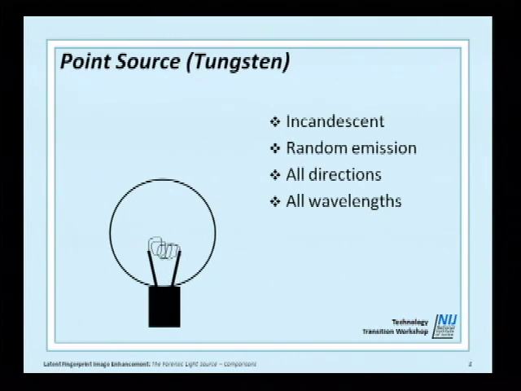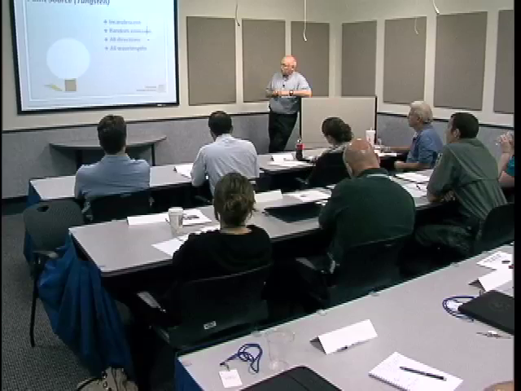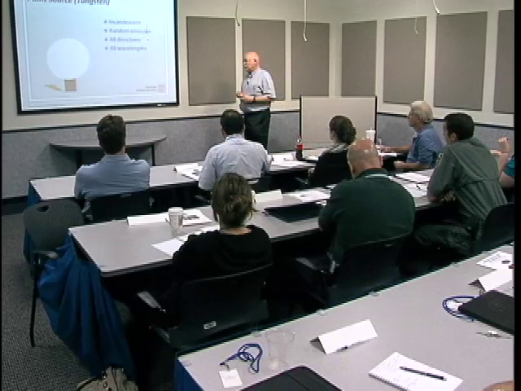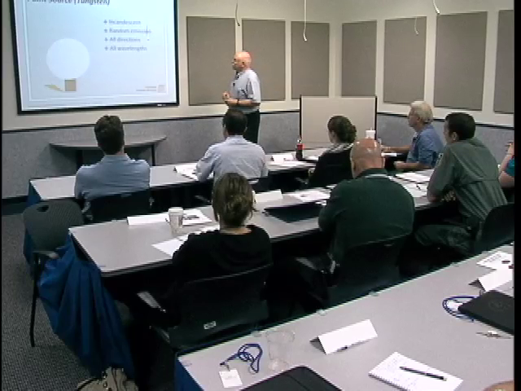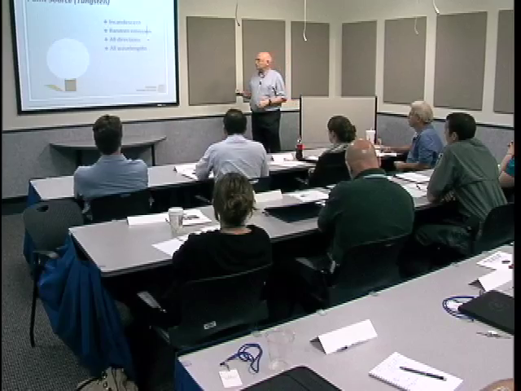That means you have a filament of tungsten wire, and you add electrical power to it, and because of the friction, when that runs through that little filament, it gets so hot that it incandesces or bursts into light. And you put some nice opaque stuff on the inside of the bulb, put in an inert gas, and you have your light bulb. So you have random emission, going in all directions and all wavelengths of visible light.